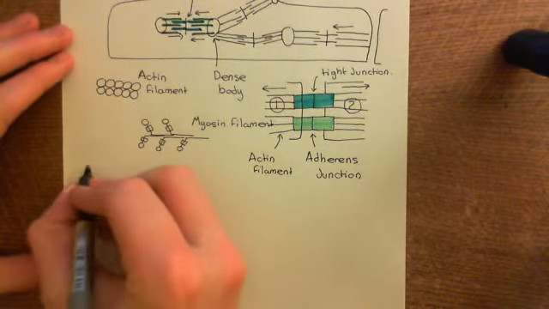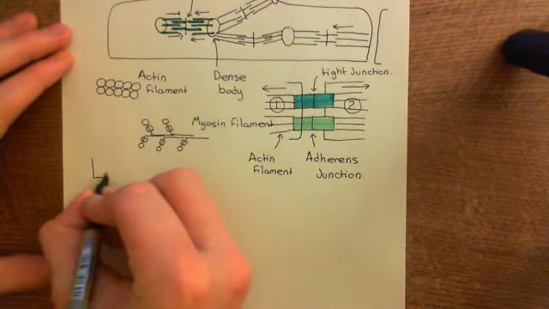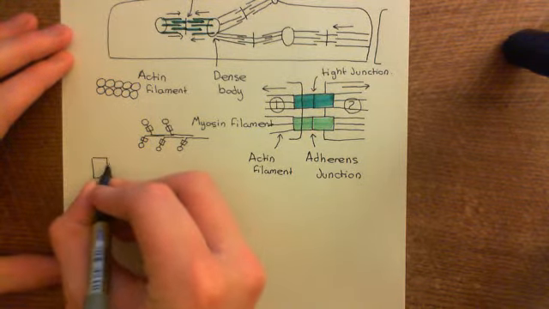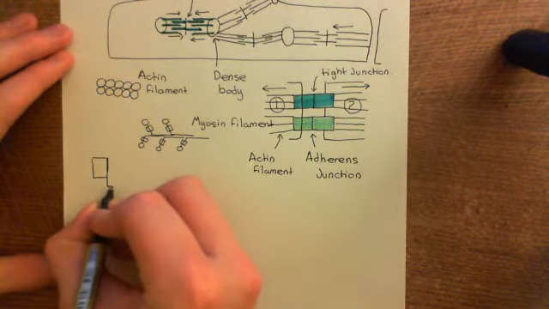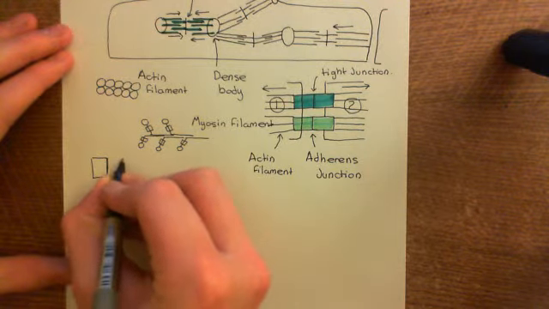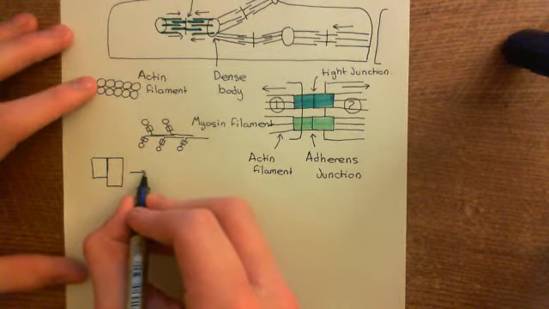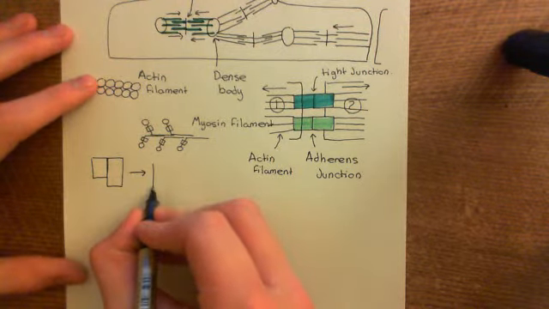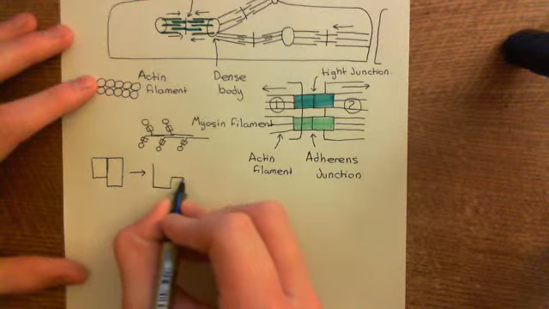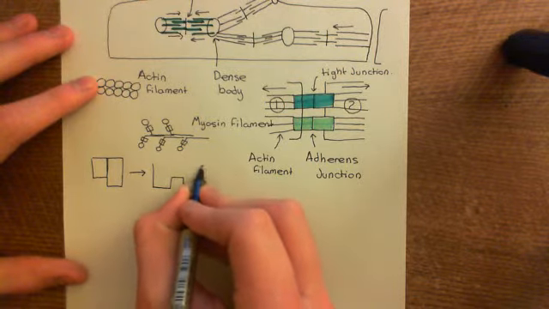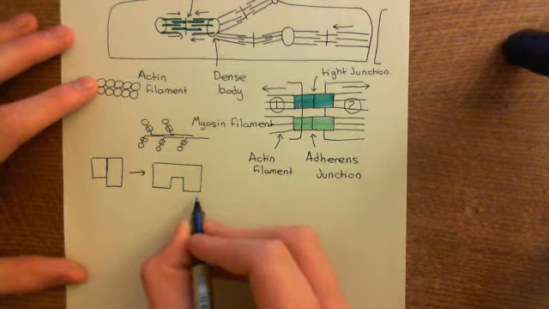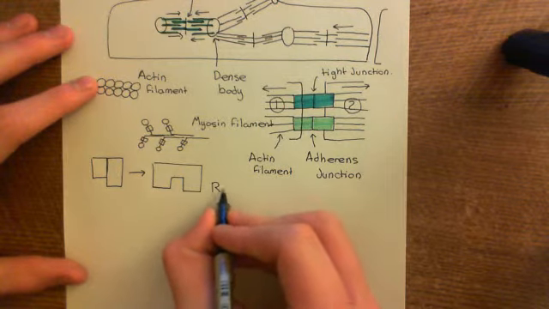Here is our beta-gamma subunit. Basically, the beta-gamma subunit is going to activate something known as a Rho guanine nucleotide exchange factor. So let's call this structure here our Rho guanine nucleotide exchange factor.